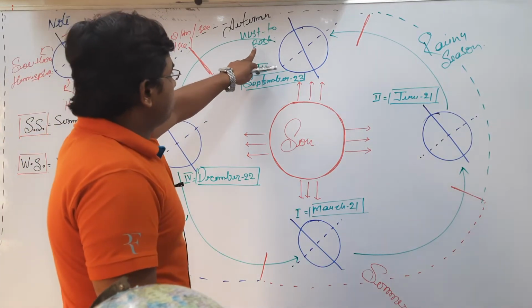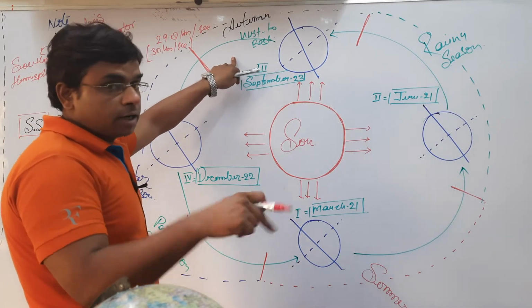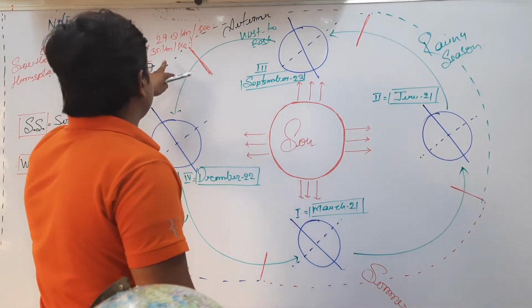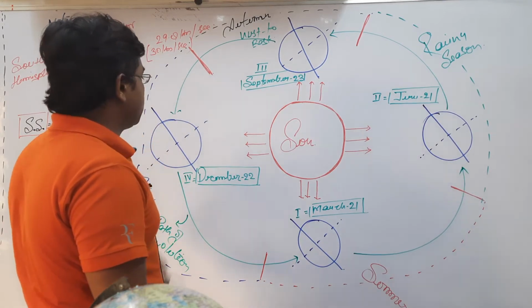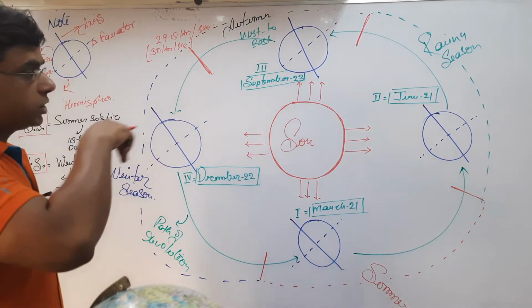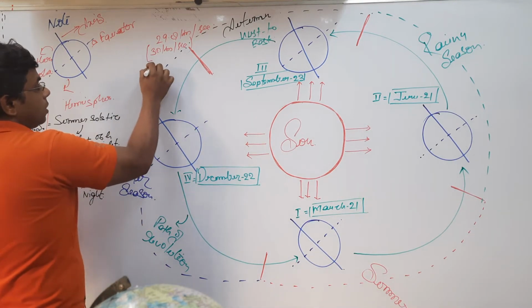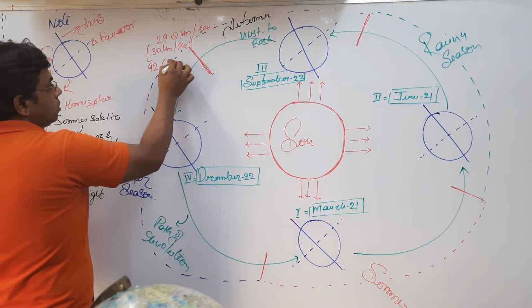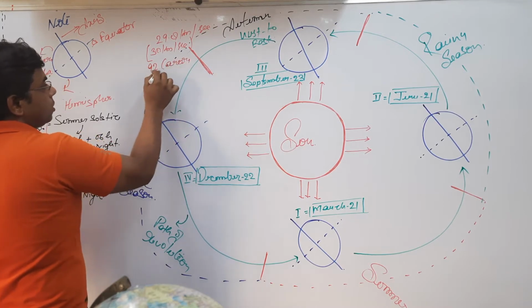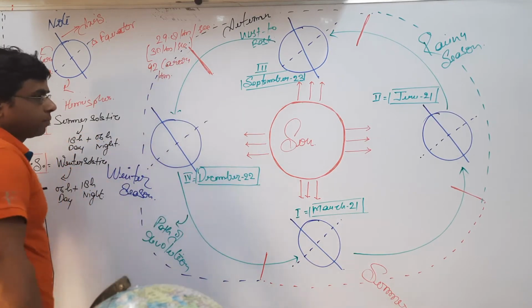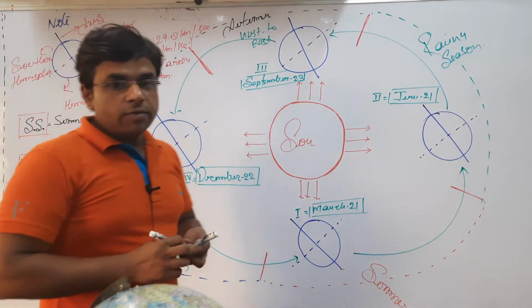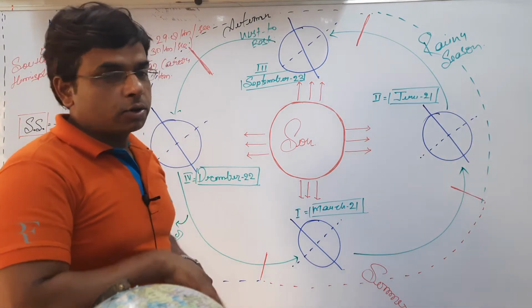And in one revolution the earth covers a path of 92 crore kilometer. That means the length of one revolution is 92 crore kilometer.